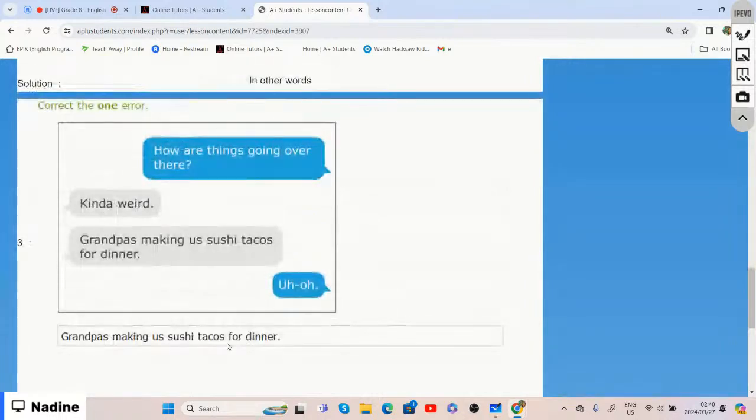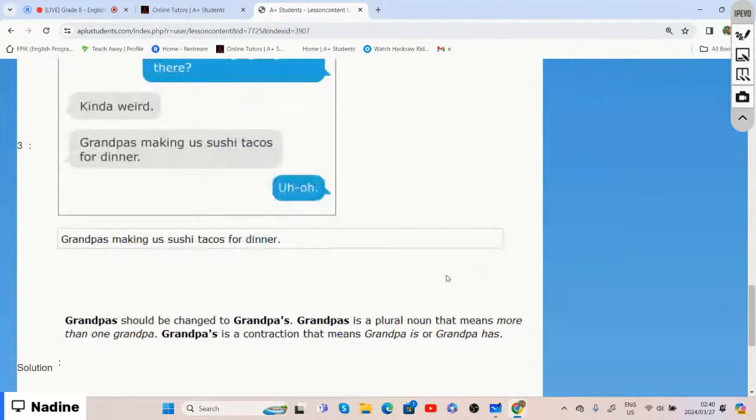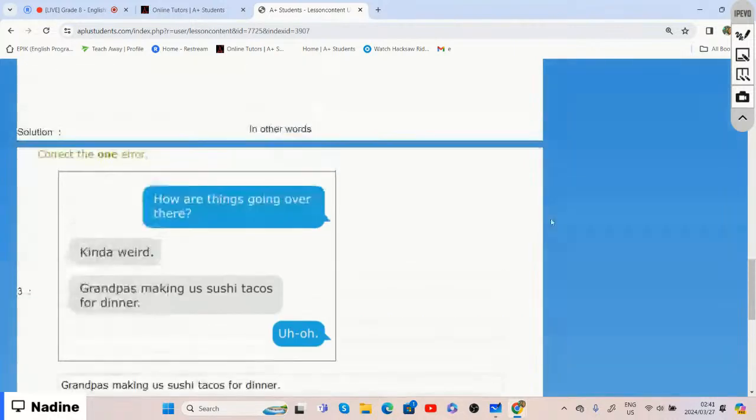It is grandpa's making us sushi tacos for dinner, which means that our error is grandpa's, because we needed to put an apostrophe S. So like you say, if you're saying grandpa's cooking, then it needs to be apostrophe S, right? All right, now we're going to our test.